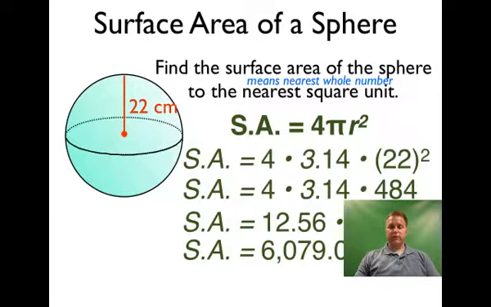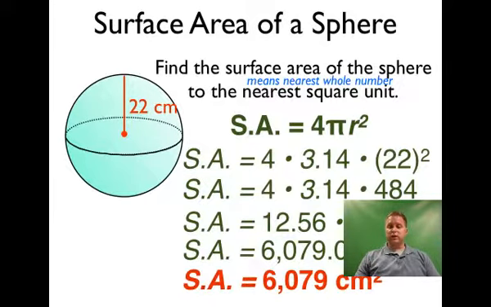Times that by 484, you get 6,079.04 square centimeters. Rounding that to the nearest whole number, it's going to be 6,079.